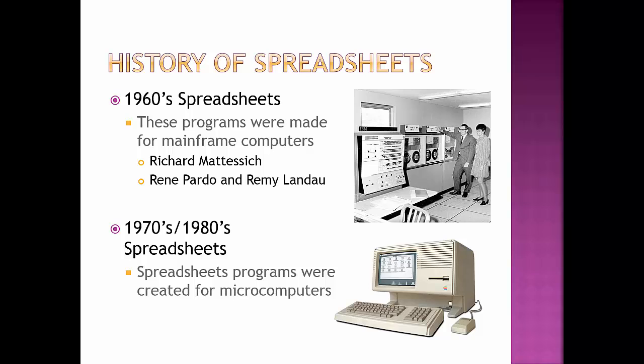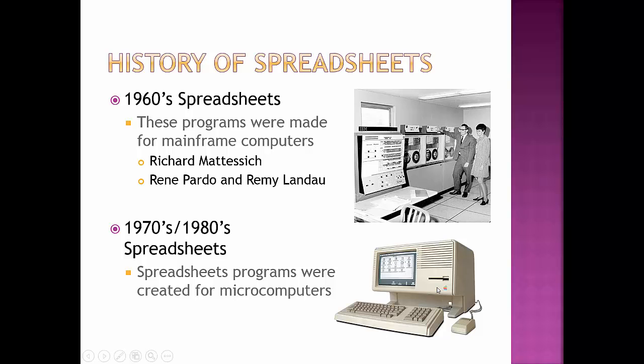But in the late 1970s and the early 1980s, personal computers were created, and we've got a picture of an old Apple computer here. Once those computers were out and people had those computing devices at their disposal, they wanted software which allowed them to do the same sort of electronic ledger work on that kind of machine.